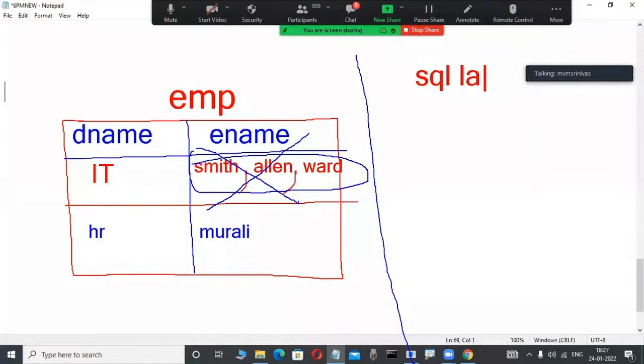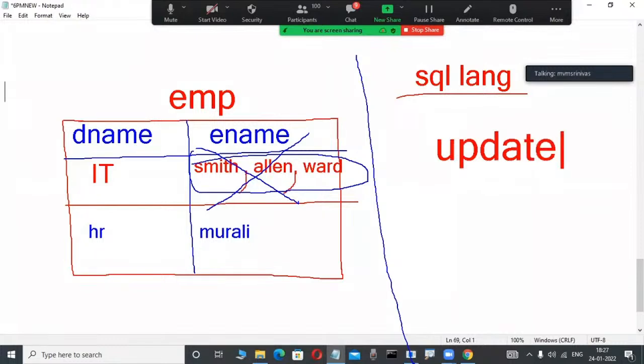This language is the problem. Observe here, this is important. What is the problem in the SQL language? Yes, we can create and represent multiple values separated with comma. Why is it not recommendable? In the SQL language, the non-procedural language, some commands are there: update, delete, select, insert. Suppose I use the update command in SQL.